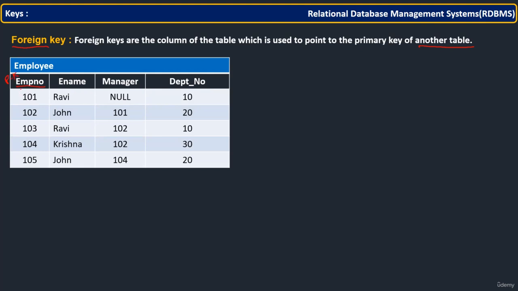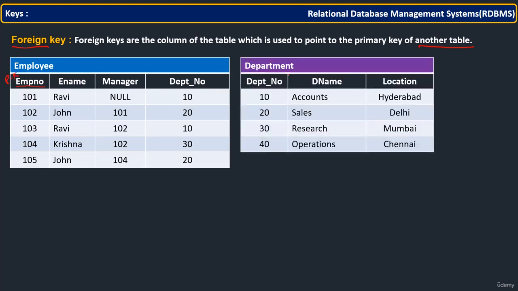Then we have another table, the department table, with department number, department name, and location. This is the primary key. If you observe, this attribute is also there in the employee table. So Ravi is working under which department?